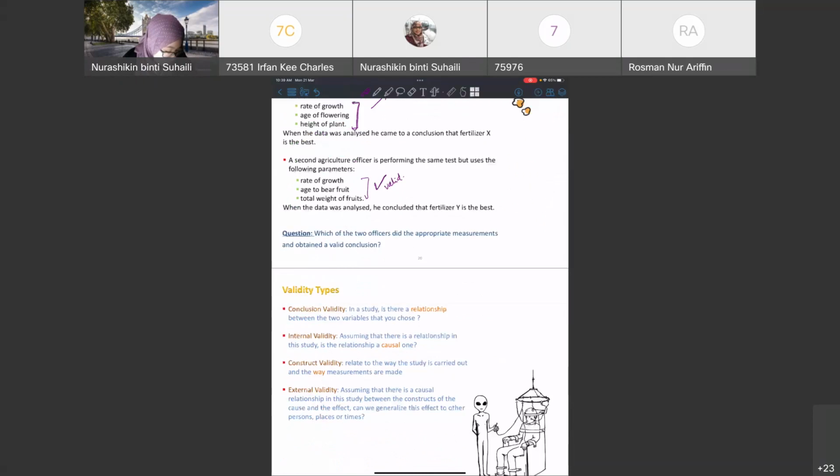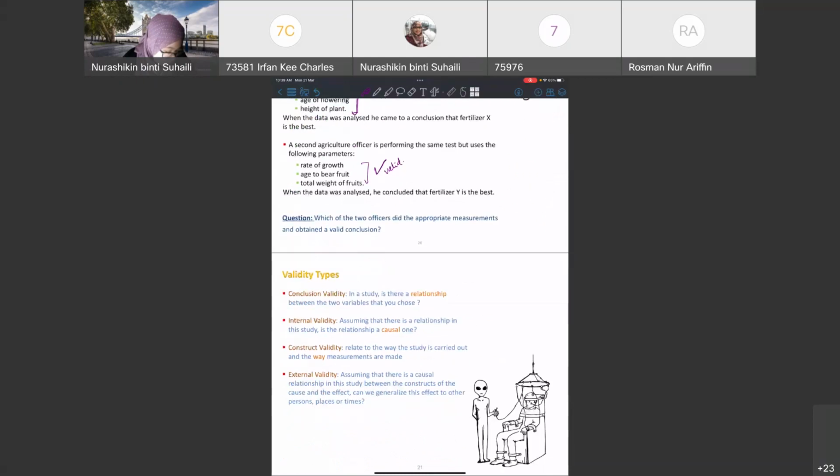Okay, validity types. There are 4 types: conclusion validity, internal validity, construct validity, external validity. Conclusion validity: is there a relationship between the 2 variables that you choose? For example, if we are testing 2 parameters, is there a relationship between the 2?